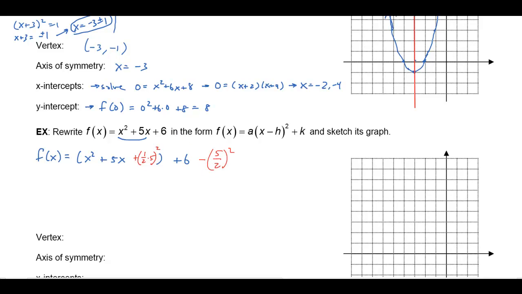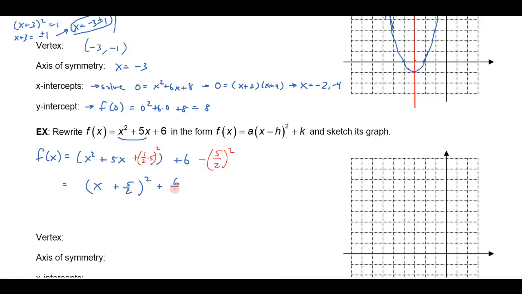Okay? Then this right here, by completing the square, is going to be a perfect square. And not only that, but you know what it's going to be. It's going to have to be x here. You're going to have to square x to get x squared. And you know what this one is, right? It has to be 5 halves, so that when you square the 5 halves, you get the 5 halves squared right here. And now over here, I'm going to have to get a common denominator.